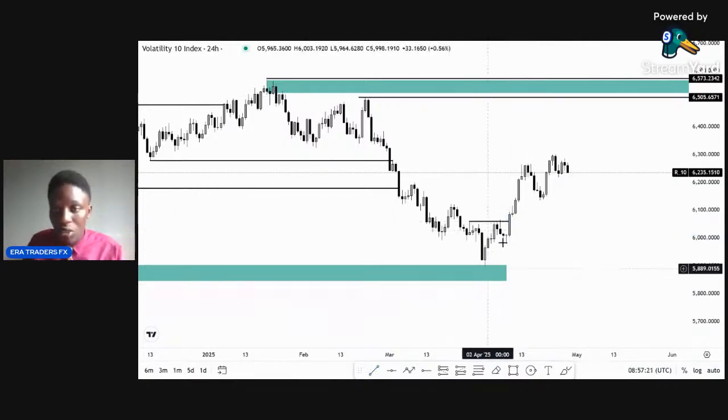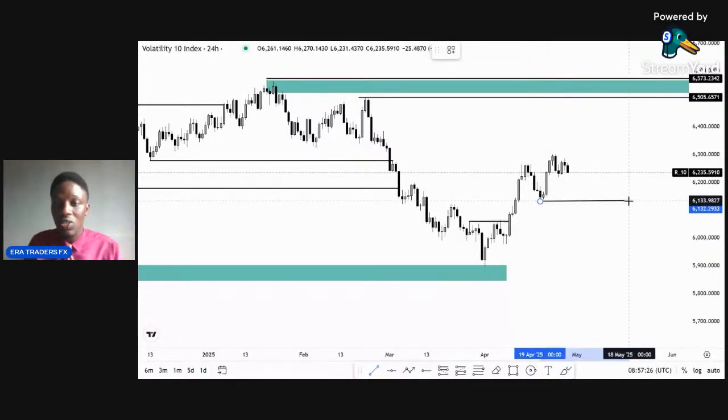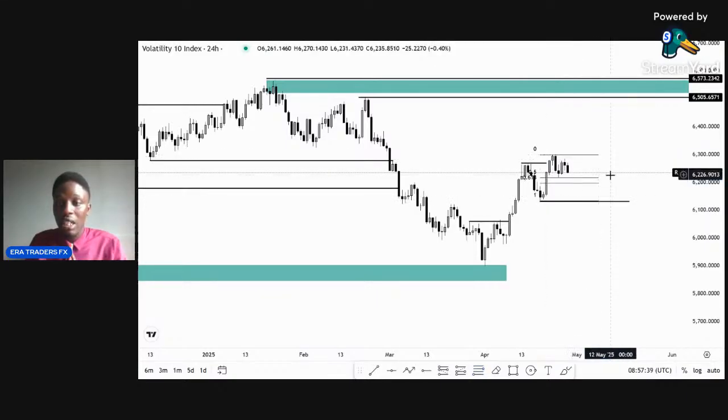Market started going bullish, and since then market have been bullish. And until we see a change again to the down, let's say this low gets taken out before we can consider selling.